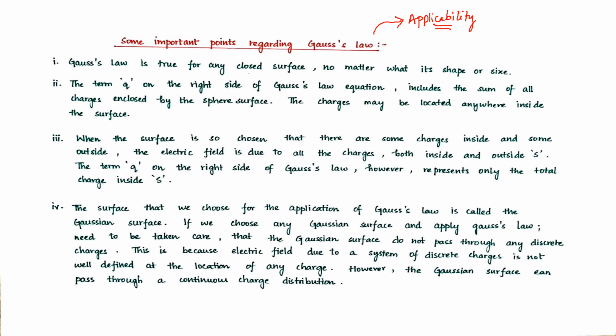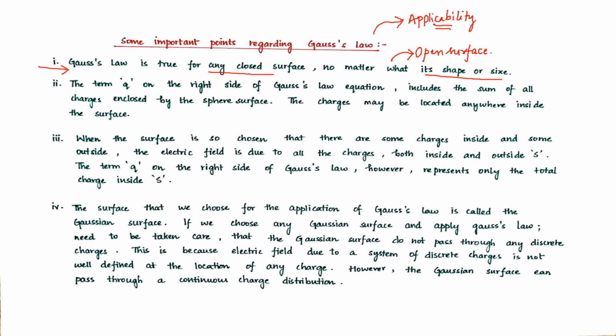See point 1. Gauss's law is true for any closed surface, no matter what its shape or size is. It is true for closed surfaces. So for what is it not true? For open surfaces. A surface should be closed.